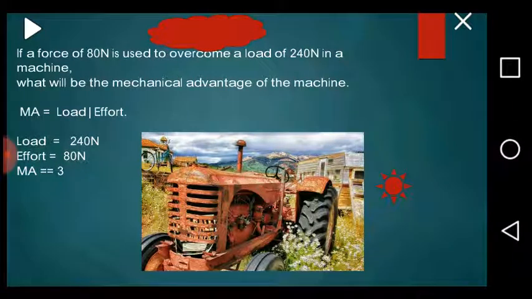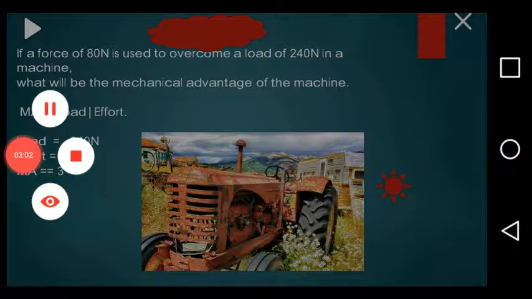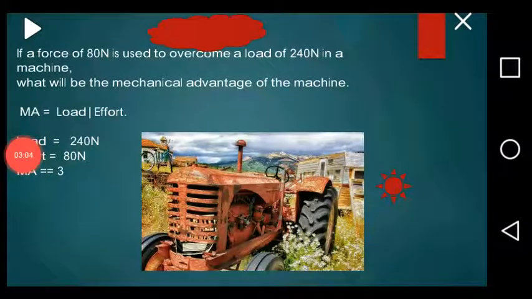Mathematically, mechanical advantage can be calculated in a machine. For example, if a force of 80 Newton is used to overcome a load of 240 Newton in the machine, what would be the mechanical advantage of that machine?